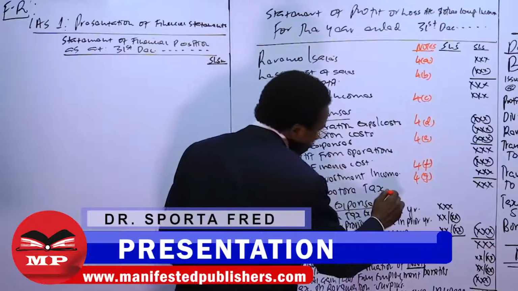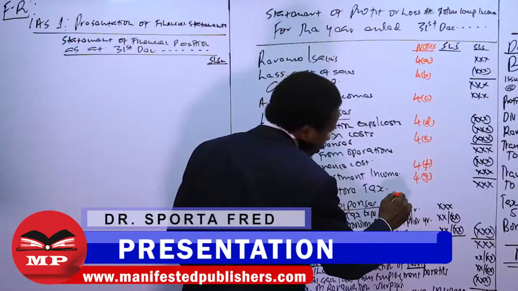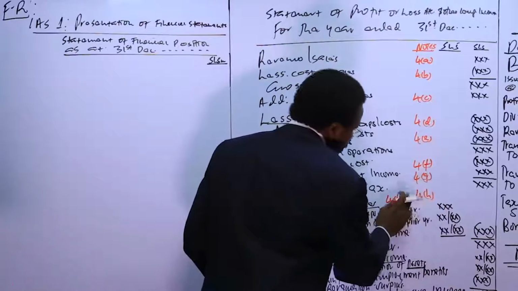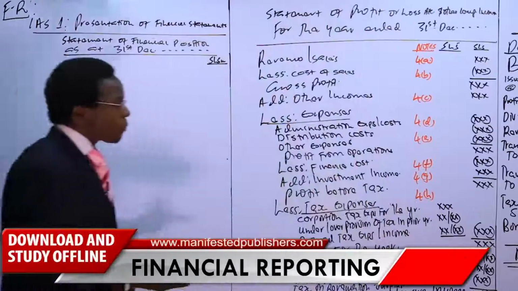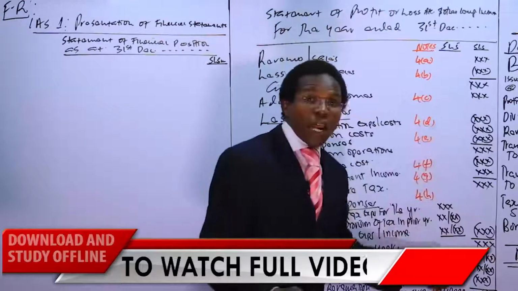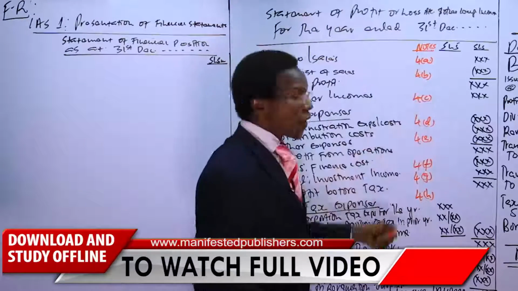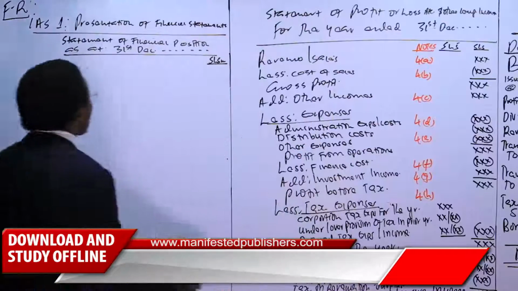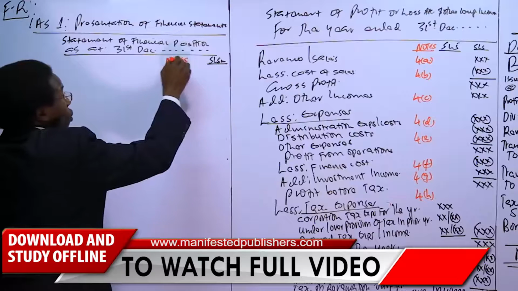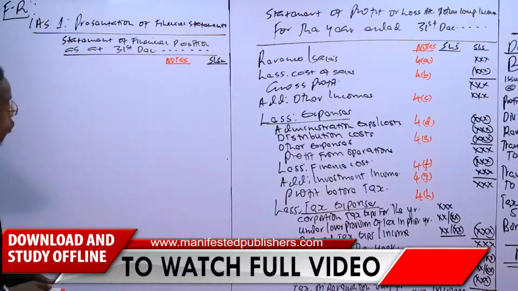Even this one can be 4H. So for practice purposes, it's important to always explain how we have arrived at this figure in our notes to the financial statements. The same thing for our statement of financial position. We may also have a column for notes.